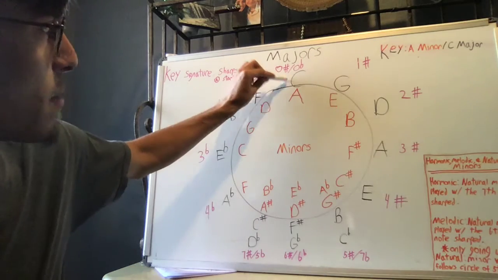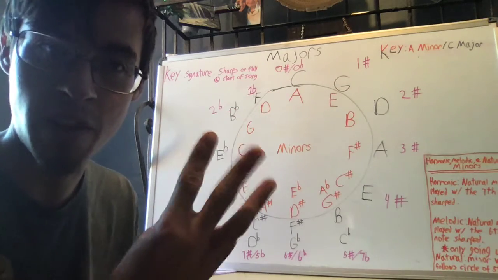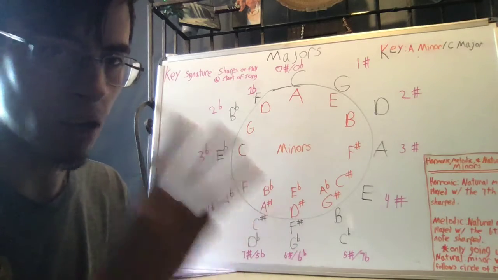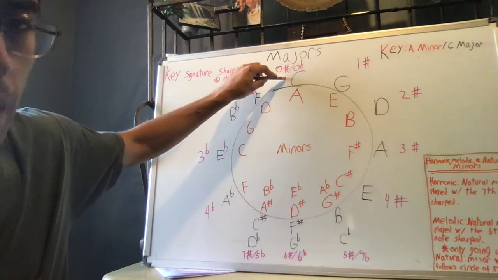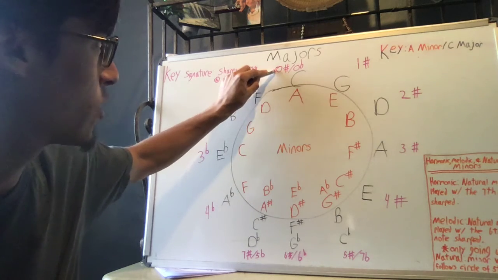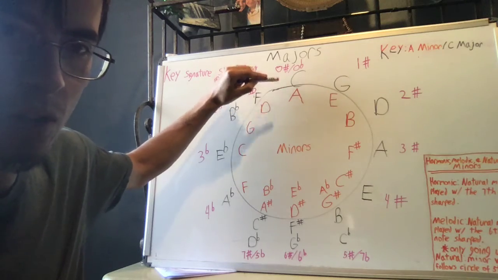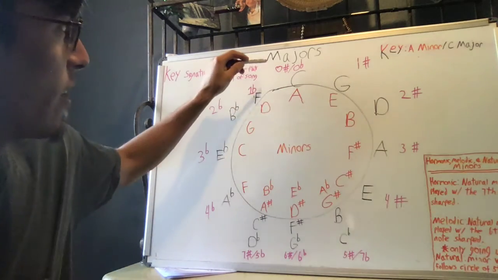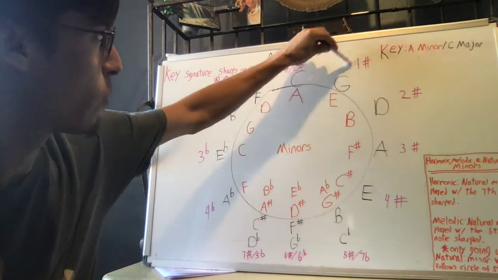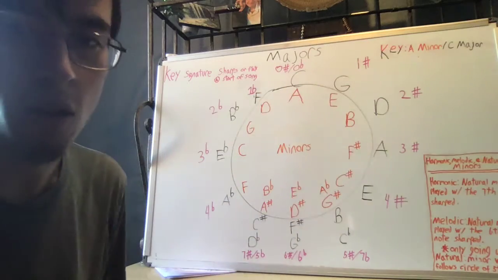This C major and the A minor, which includes all 3 kinds of A minors, the natural, the harmonic, and the melodic, all 3 of those and this C major will have the same key signature, which is 0 sharps, 0 flats. So there's 4 different scales or keys that have the possibility of having each key signature. So 1 major for 1 sharp and the 3 minors for 1 sharp, and so forth for all of these.